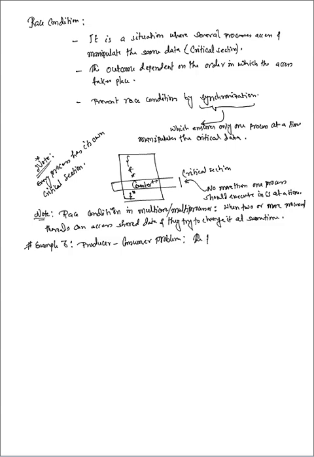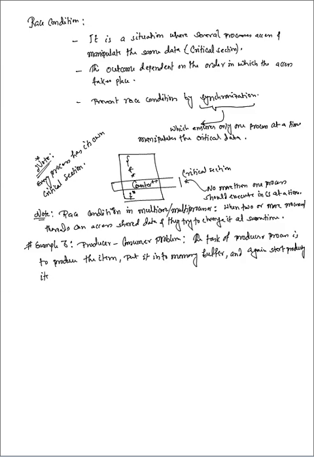The task of the producer is to produce the item, put it into the memory buffer, and again start producing items, whereas the consumer process consumes the item from the memory buffer.